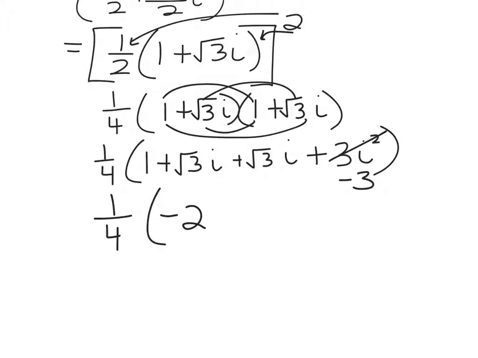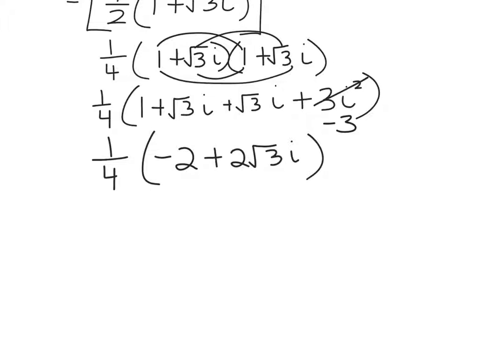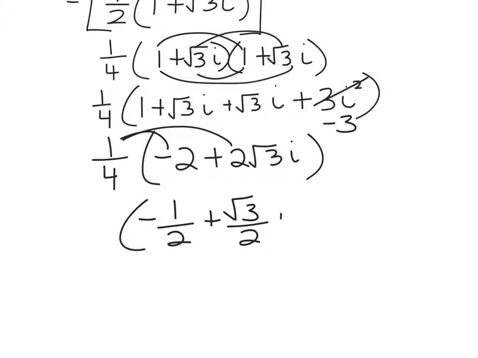How many √3 i's do you have? 2√3 i. People didn't like that. Maybe I didn't explain it very well earlier. I'll blame it on myself. Go ahead and distribute the 1/4. And so our answer would be -1/2 plus (√3/2) i.